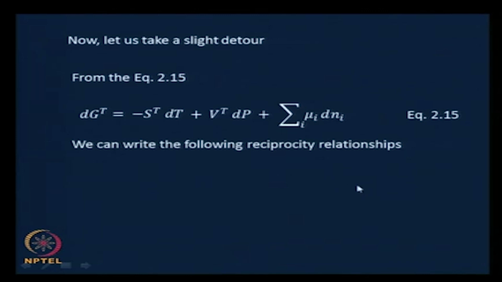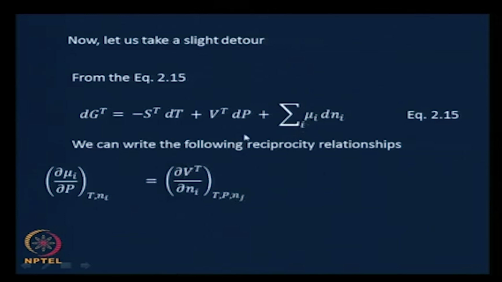Recall the reciprocity relationships that we again saw in the second module. Following the reciprocity relation, doing the reciprocity relationship for equation 2.15, the following relationships can be written out. Dou mu i by dou P at constant T and n i equals dou V by dou n i. Now we are doing the reciprocity between these two.